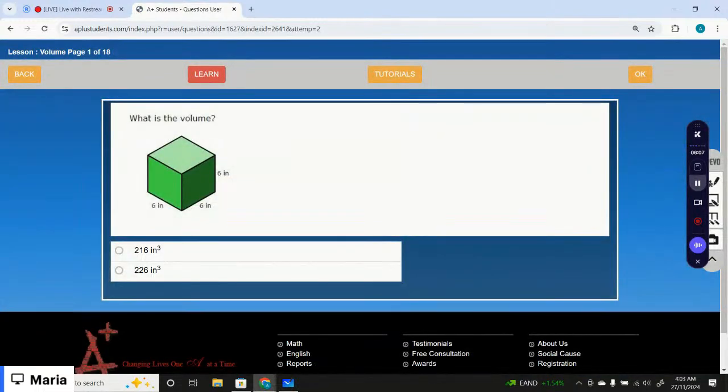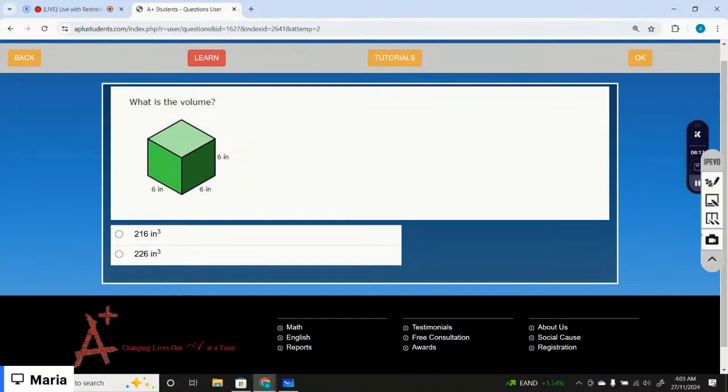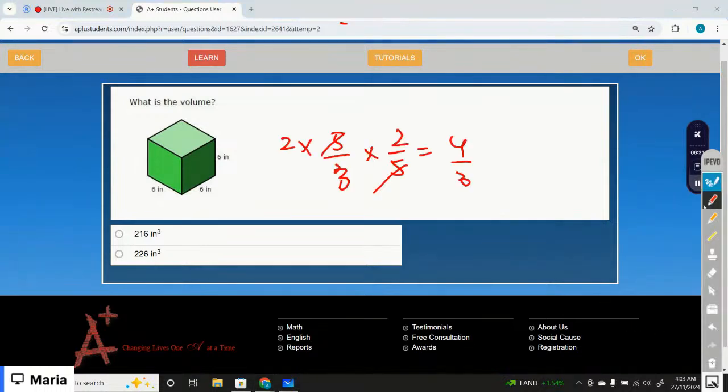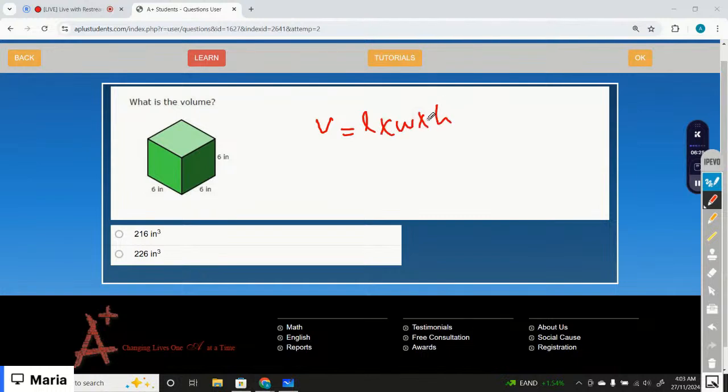What is the volume? So the volume of the cube is length times width times height. You have to do 6 times 6 times 6. That is 216 inches cube.